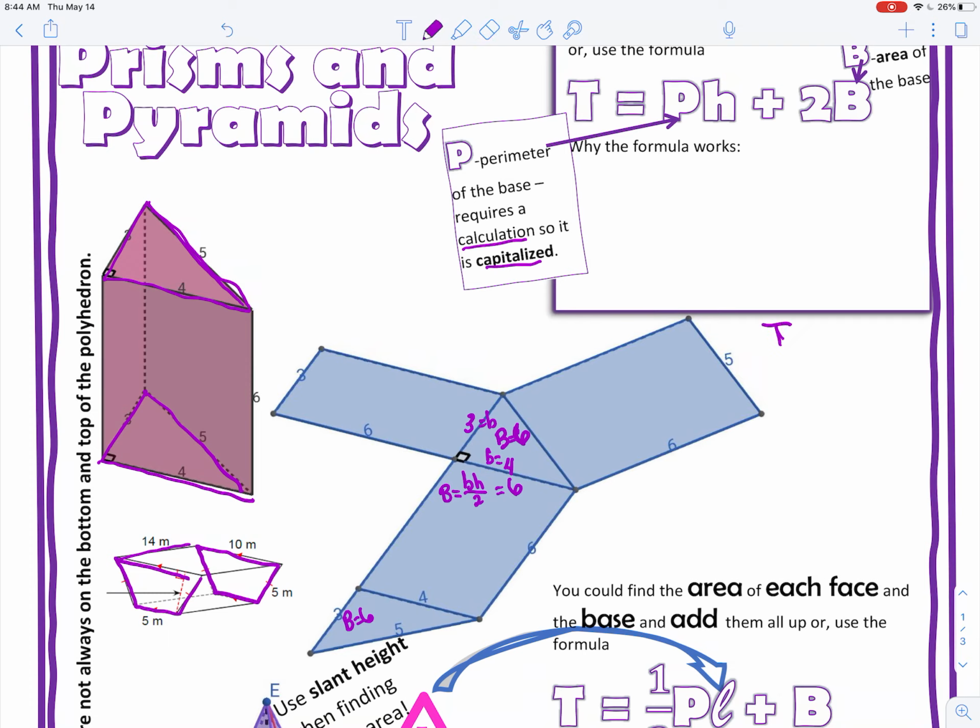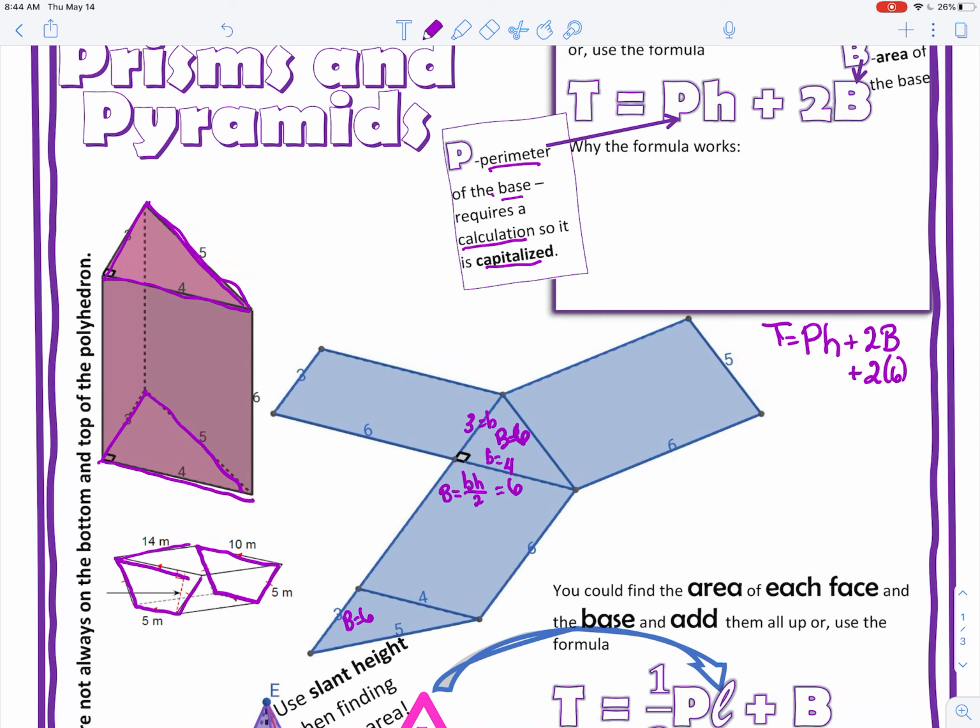So our total surface area is going to be the perimeter of the base, capital P because we have to calculate it, times the height of the prism plus 2 of these capital B's, the 2 areas of the bases. So we found out one base was 6, we'll have 2 of those.